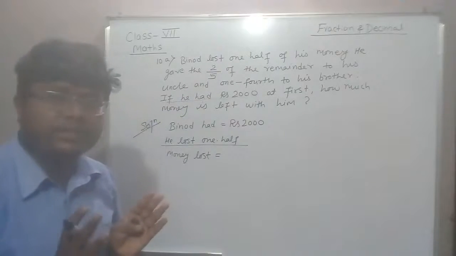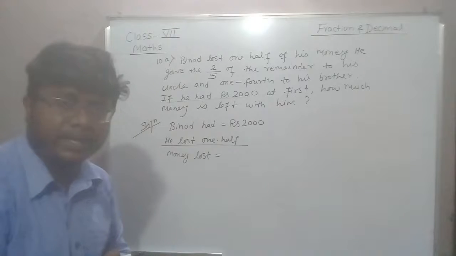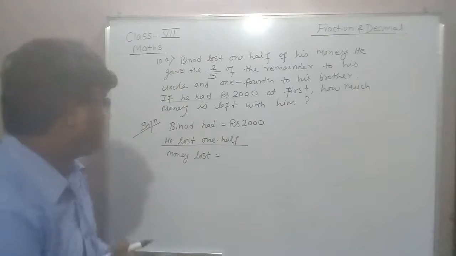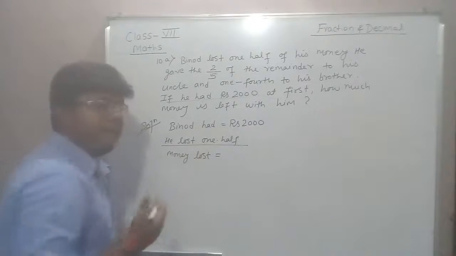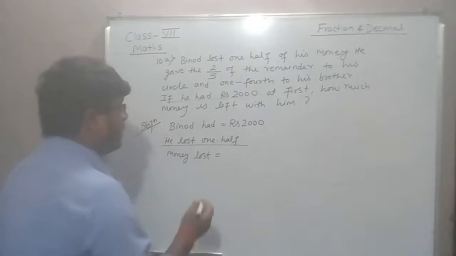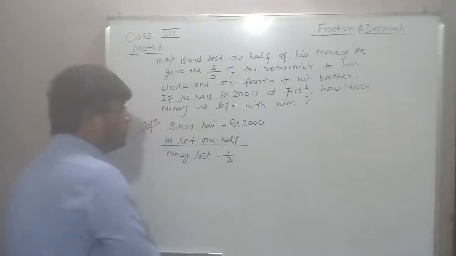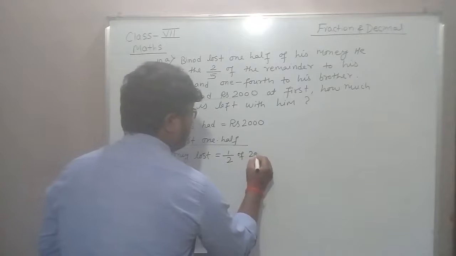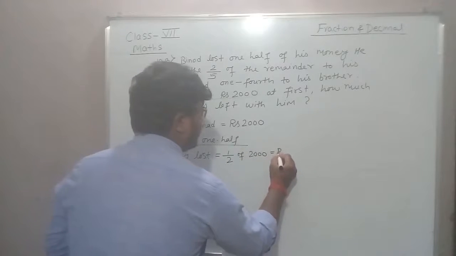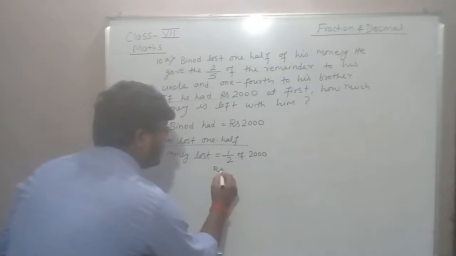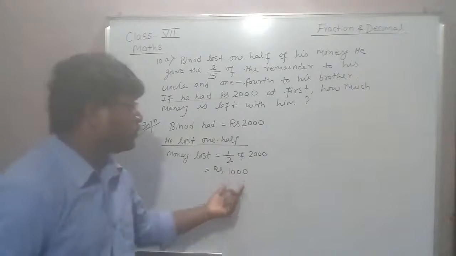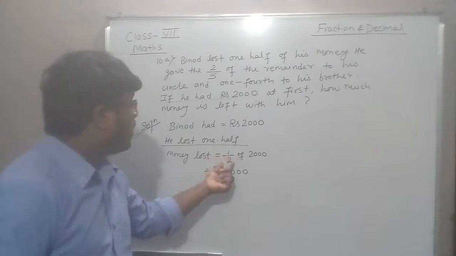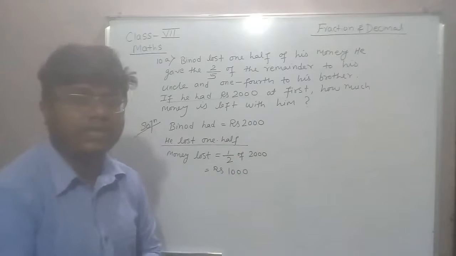He had rupees 2000 at the beginning, and he lost one half. So first of all we have to find the amount that he lost. One half means 1/2 of 2000, that is rupees 1000. Binod lost rupees 1000. One half means just half of 2000.